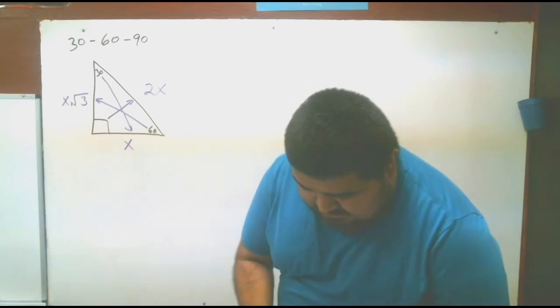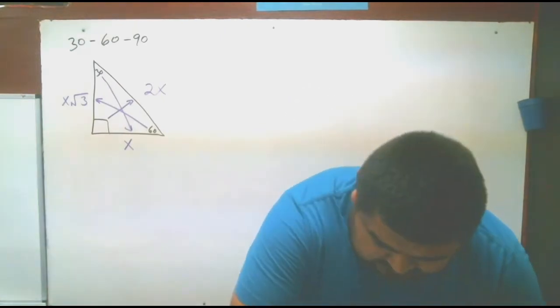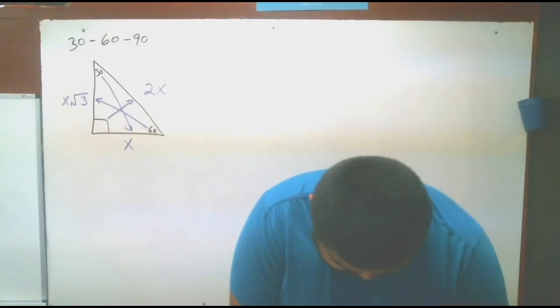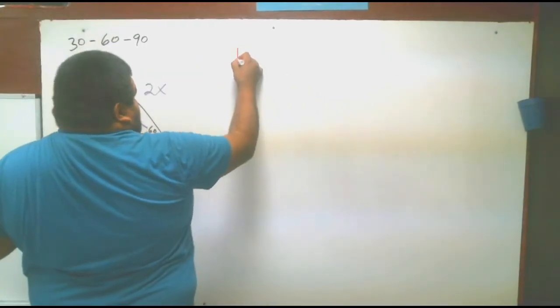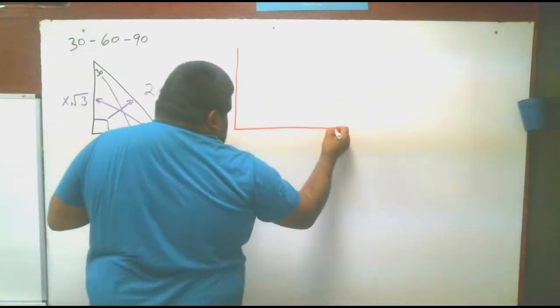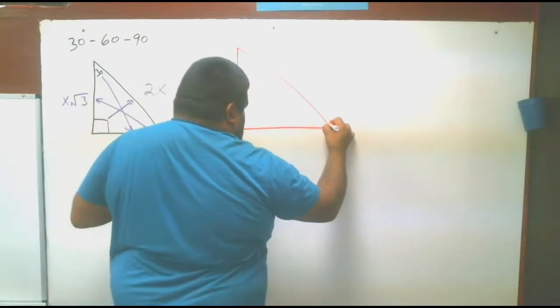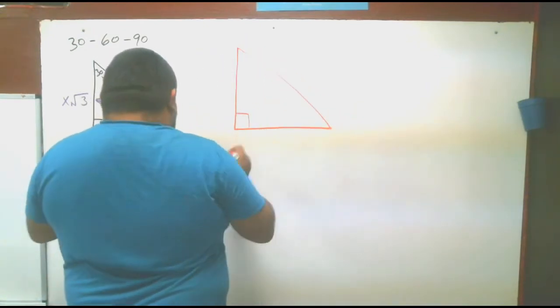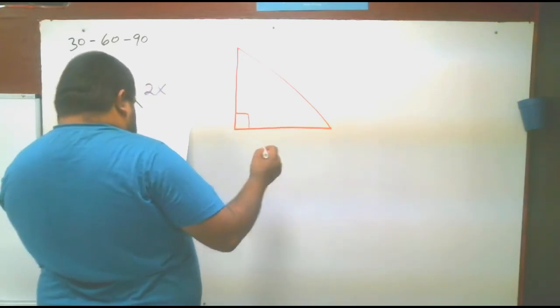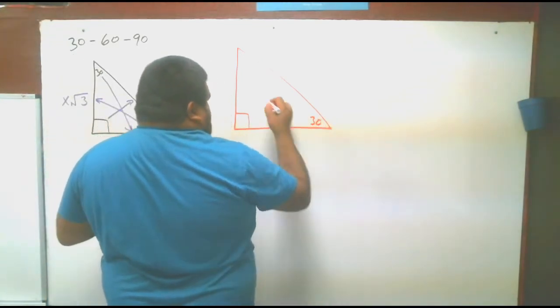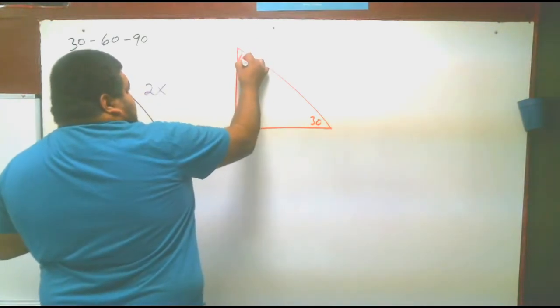Alright, if we have a triangle that has... we're gonna say we have 30 over here. Let me fix this up here.